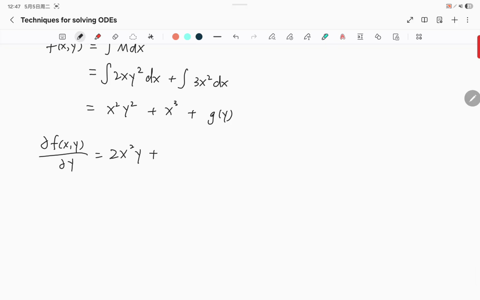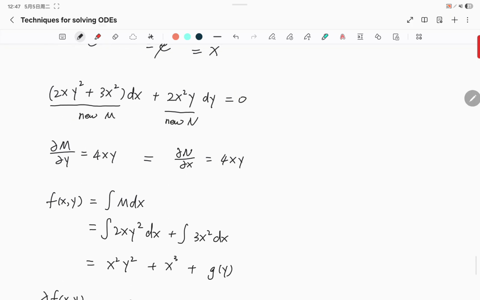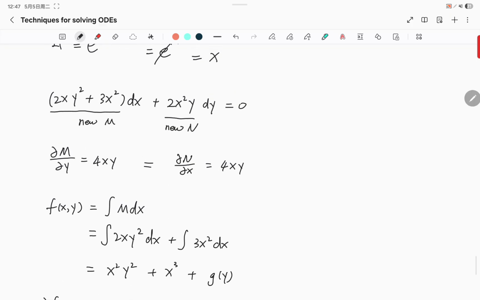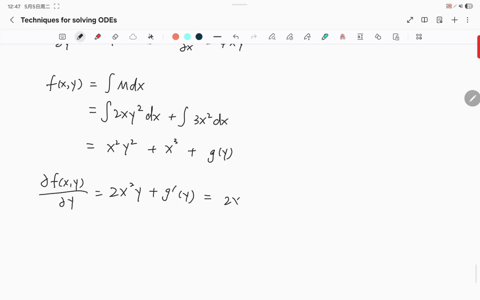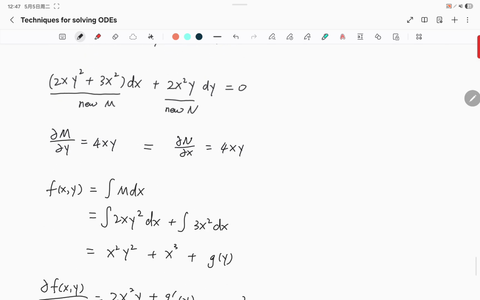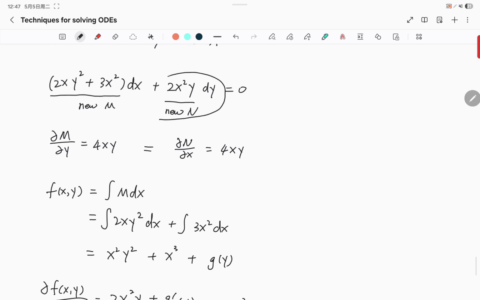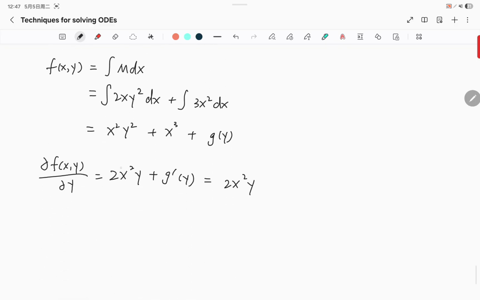This x cubed is gone because it has no y, and g of y becomes g prime of y. It's also equal to my N, 2x squared y. As you can see, this is my N here, 2x squared y, 2x squared y, very magical.